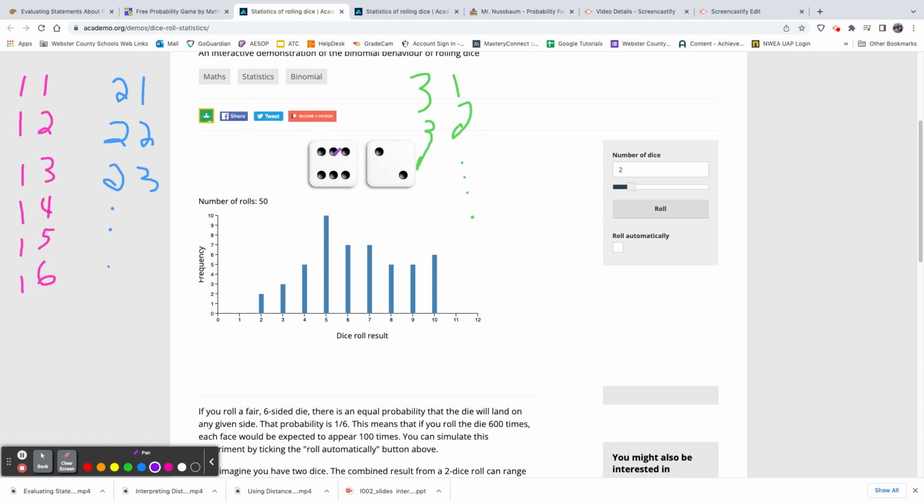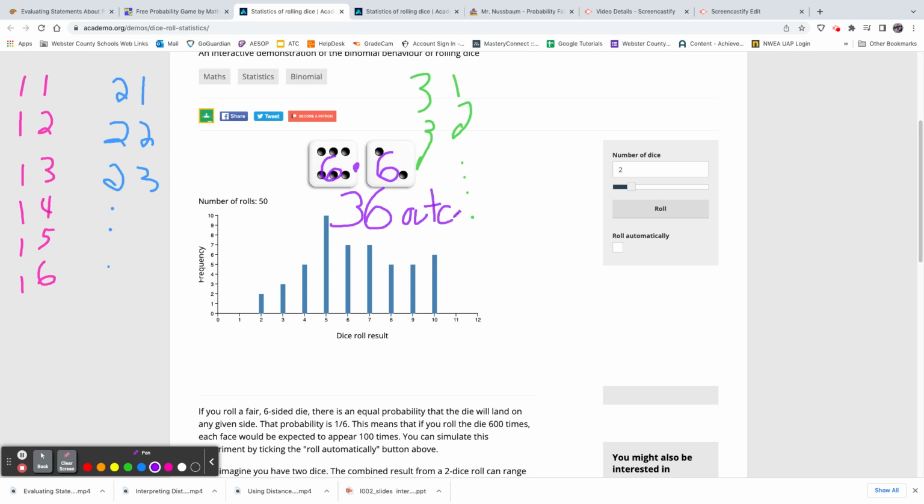You can get 6 choices: 1, 2, 3, 4, 5, 6. The second die, you can roll a 1, 2, 3, 4, 5, 6. According to the fundamental counting principle, when you multiply how many choices you have, that tells you how many outcomes there are. So there are 36 outcomes.